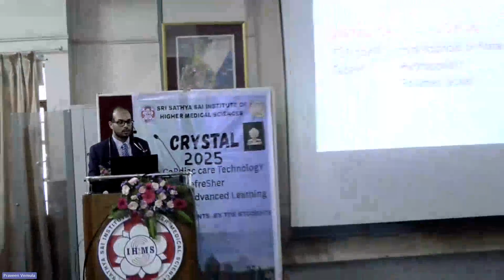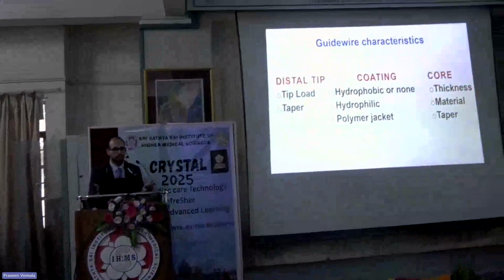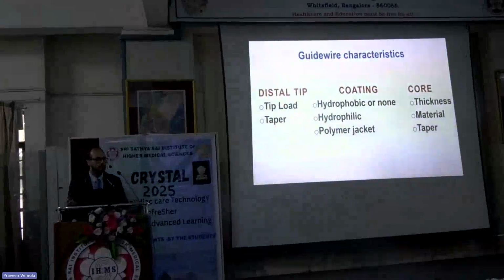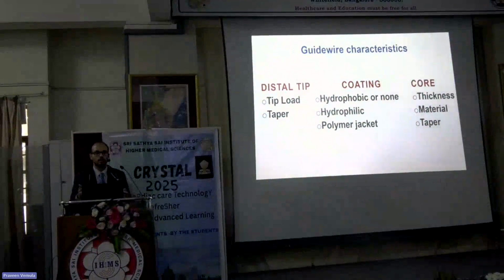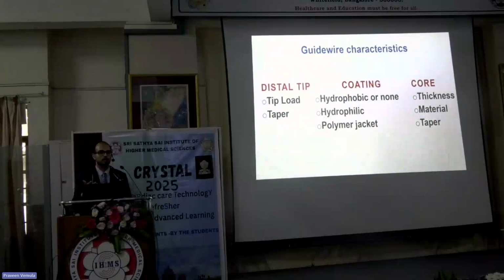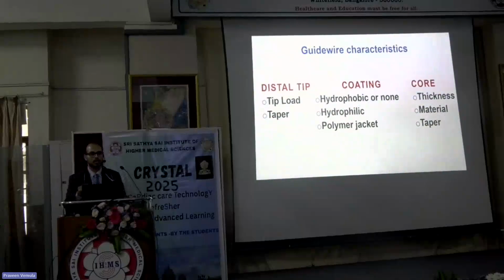So guide wire basically is made up of three structures. You have the tip, you have the coating, you have the core. So a tip, you might have heard something called a tip weight, or whenever your primary operator asks for a Gaia or something, they ask what's the tip weight, right? So what do you mean by tip weight?